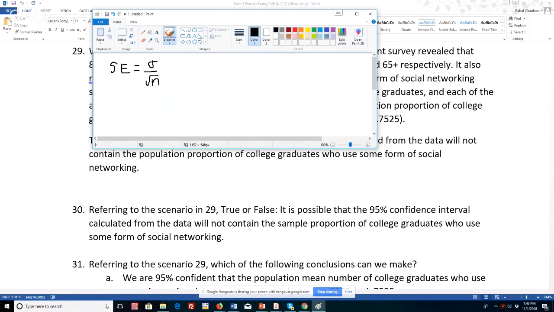So it says the standard error for the mean for a sample of 100 is 30. So there's our standard error. Is equal to our standard deviation. We don't know what our standard deviation is. Divided by the square root of 100. So this gives us a standard deviation of 300.